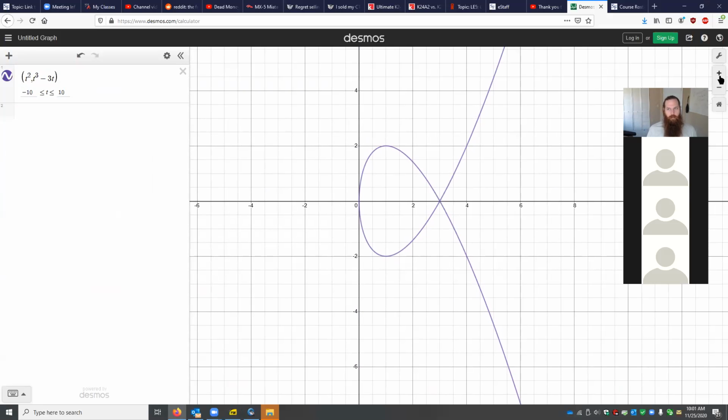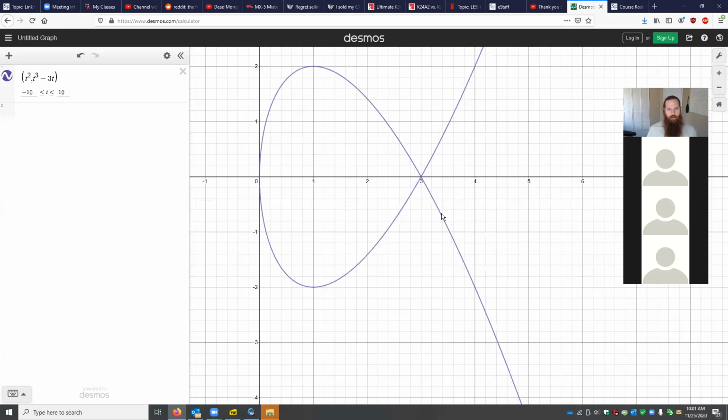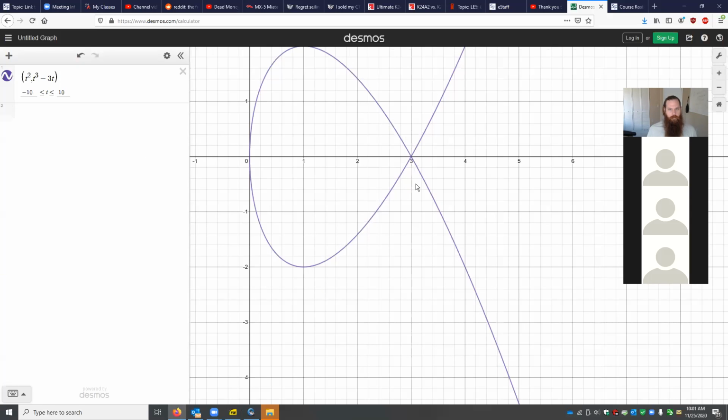We go through that point once on the way up here as my point comes in, and then once again on the way out. So there's really two tangent lines here because this curve self-intersects. So before I can get started finding my slope and plugging into my point-slope formula, I need to find the two t values associated with that point.